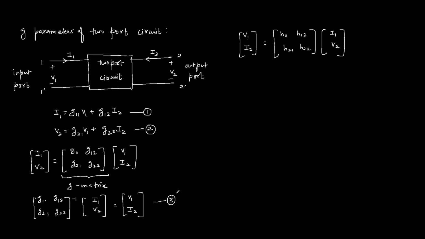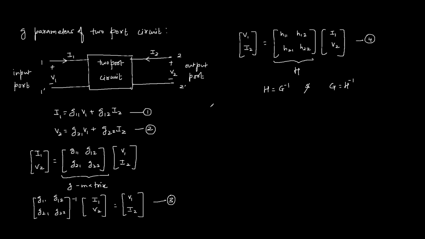So by comparing equations 3 and 4, we can write that this is the H matrix, denoted by capital H, and this one is the G matrix, denoted by capital G. Then the H matrix is the inverse of the G matrix. Similarly, the G matrix is the inverse of the H matrix. In this way we can convert from G to H matrix and H to G matrix.